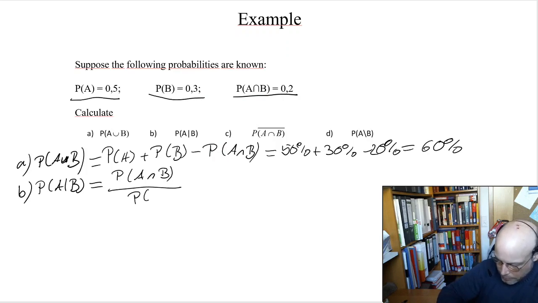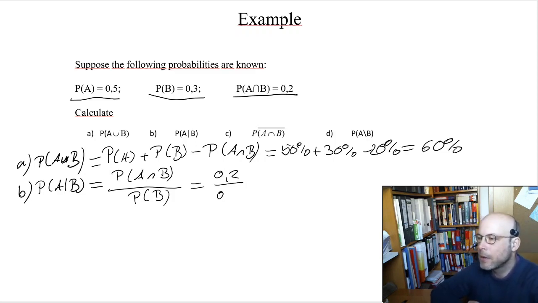P of B, 0.2... no, so not 10%. How did you calculate 10%?